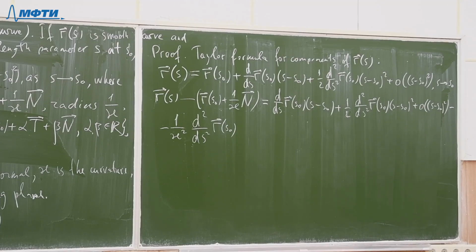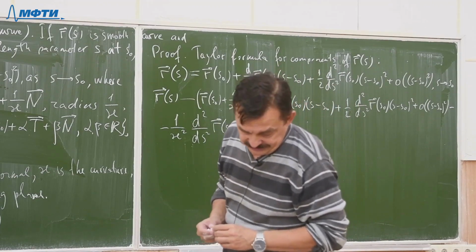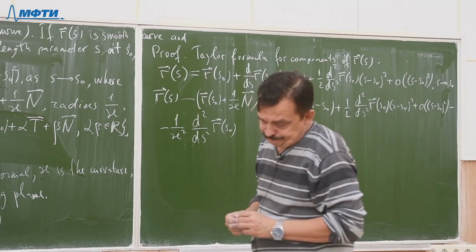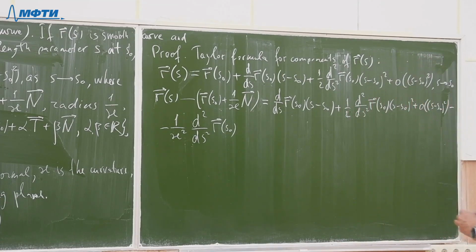So I wrote such a difference between vectors, right? And then let us collect everything what we have.